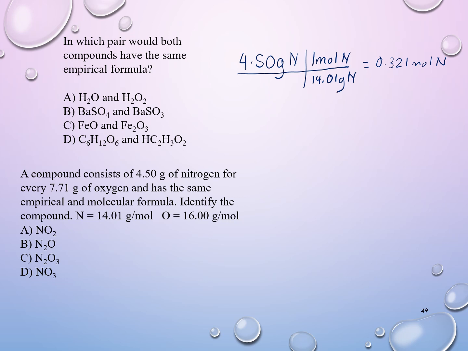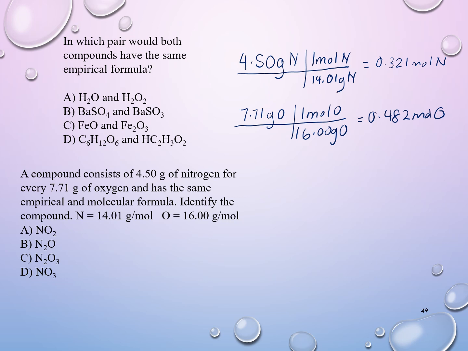So we take 7.71 grams of oxygen, and then we get it to moles. 1 mole of O is 16 grams, and then we get 0.482 moles of O. So you see how N is the smallest number?